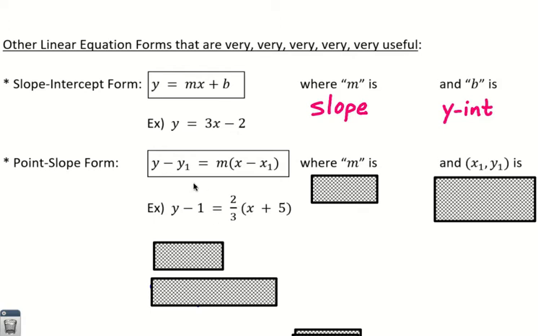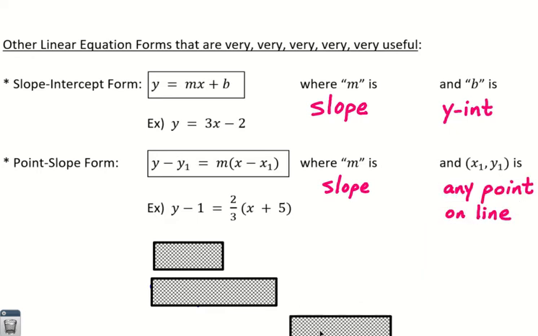And then there's this point-slope form that goes y minus y sub 1 equals m times the quantity of x minus x sub 1, where m again is, of course, the slope, and x1 comma y1 as a pair is any point on the line. I know it looks weird, but this is an example of an equation in point-slope form.